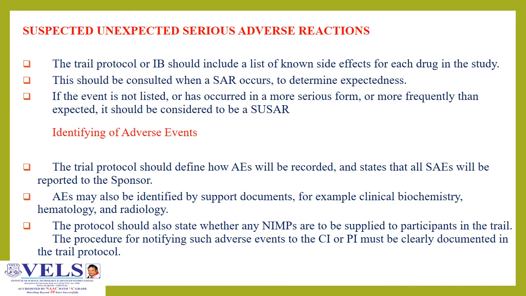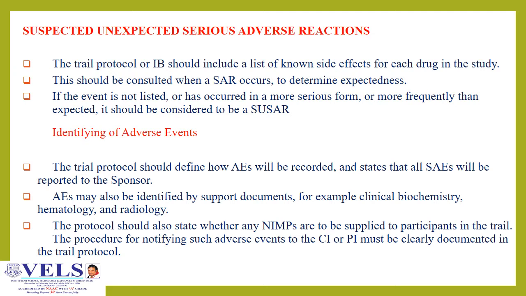How to identify these adverse events? The trial protocol should define how AEs will be recorded and state that all serious adverse events will be reported to the sponsor. Adverse events may also be identified by supporting documents, for example, clinical biochemistry, hematological reports of the patient, and radiological identifications of the patient condition.